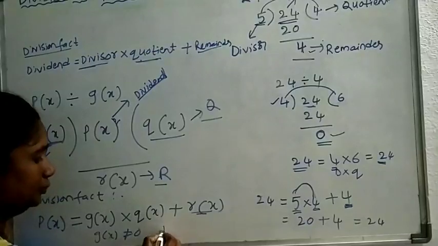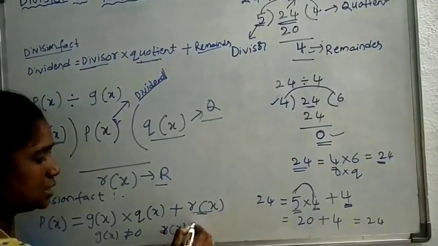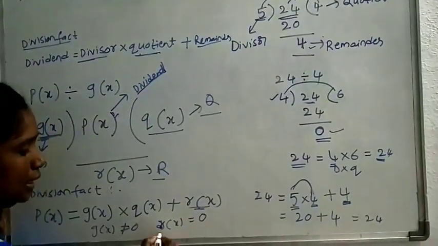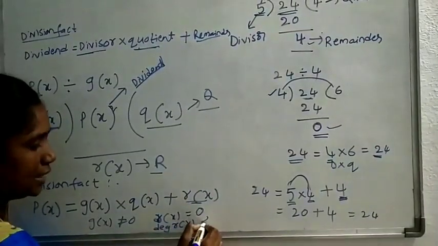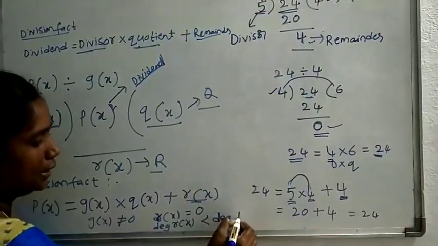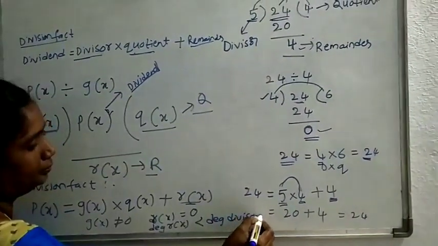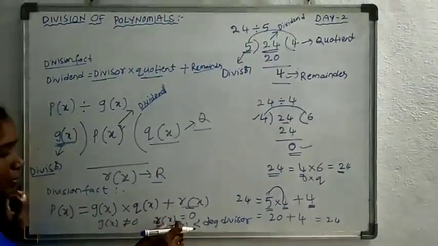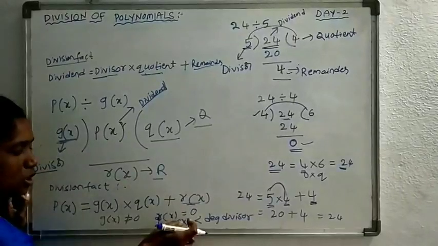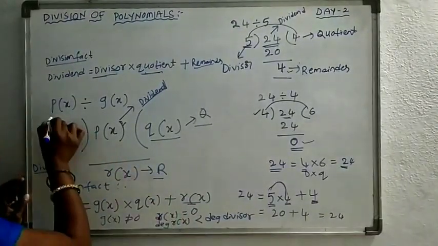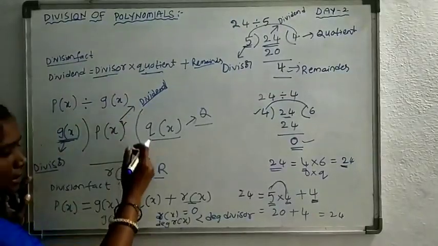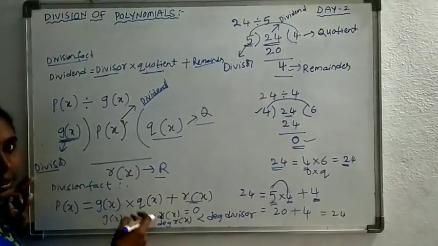So, here r of x is equal to 0 or in polynomials, degree of r of x is less than degree of divisor. Okay, children? If remainder is 0, r of x is 0 or degree of this r of x is less than degree of divisor, then this division is said to be completed.